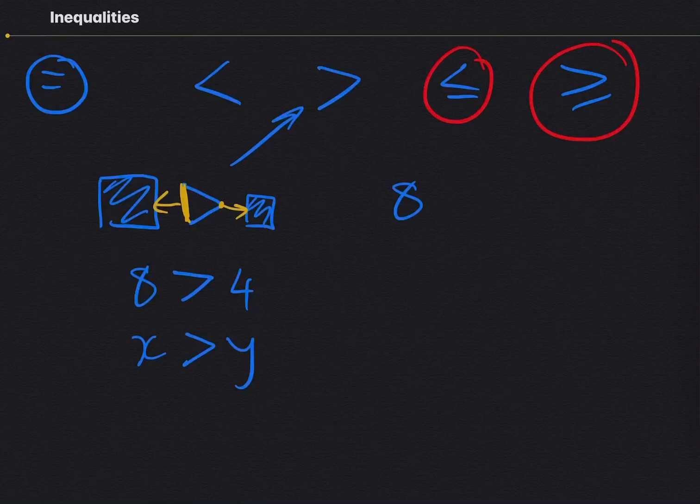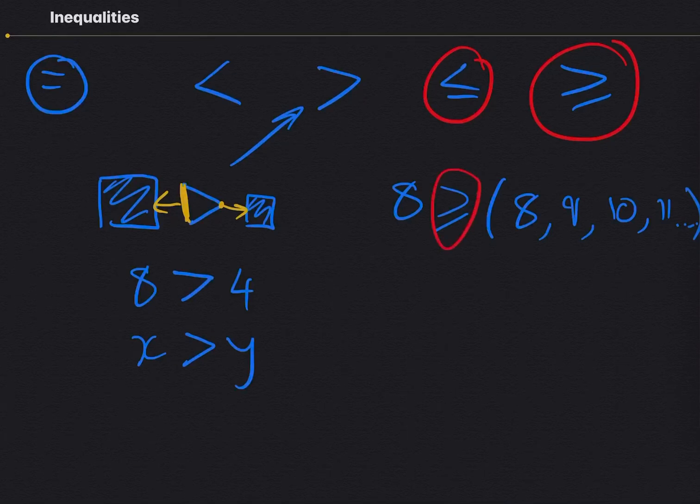What we could say is that 8 is equal or greater than, let's go, 8, 9, 10, 11. And that could keep going on forever, couldn't it? Because all of those numbers would be represented by this symbol. All of those numbers are either equal to or greater than 8. Okay? So that's the equal or greater than, or equal or less than sign.